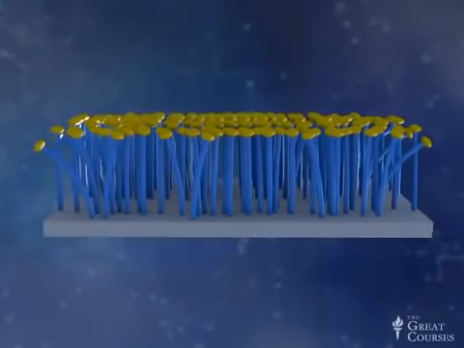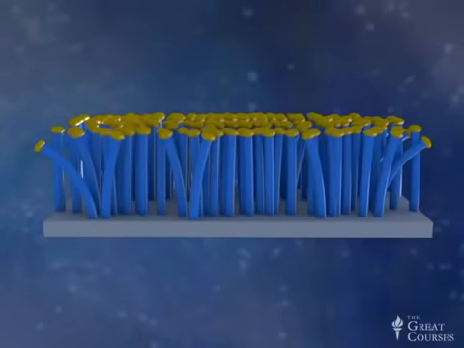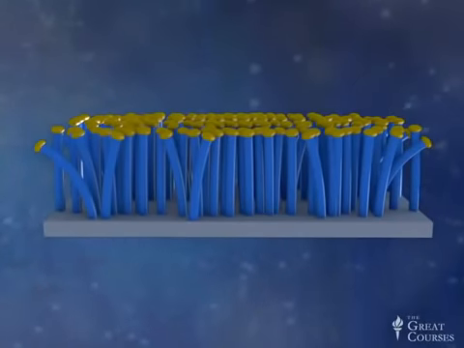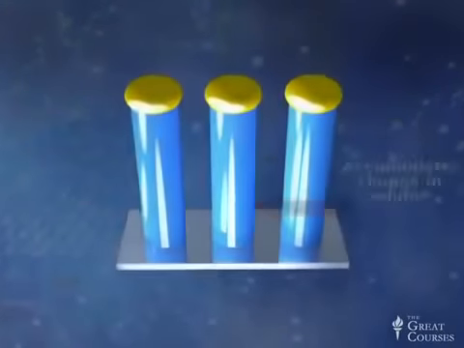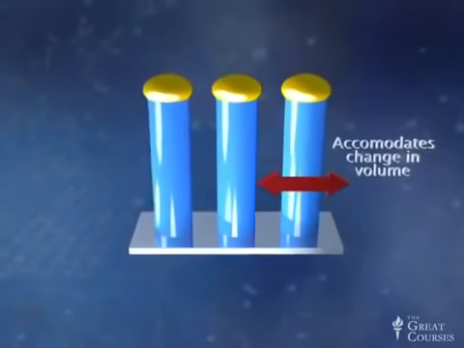But now the nanowires can expand and contract and expand and contract. Rather than a single bulk solid, which would suffer these catastrophic fractures, these small nanowire diameters enable these silicon-based materials to accommodate without fracture these significant changes in volume.